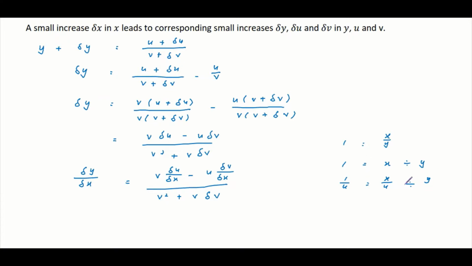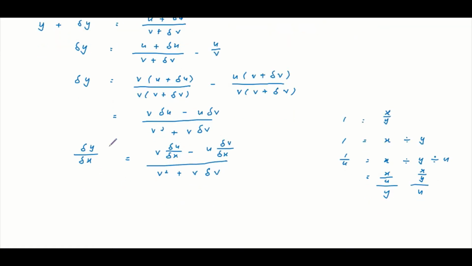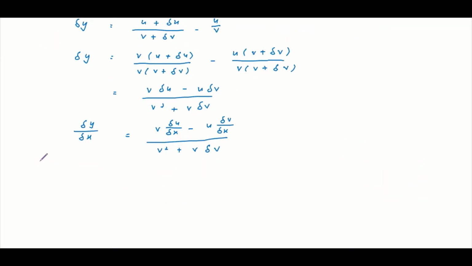It's the same thing where I just put them together: x divided by y and divided by u. So if I were to simplify that, I can always write x over u over y like that. Since it's easier for us to solve later, that's why we are writing it in this term. So let us continue.